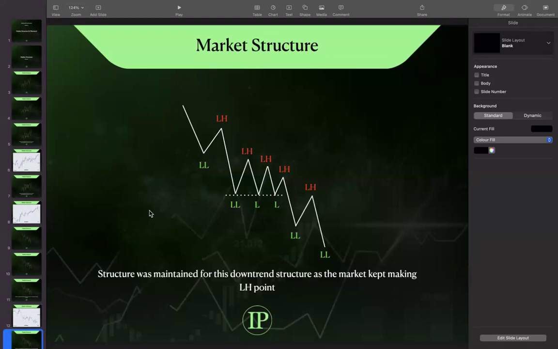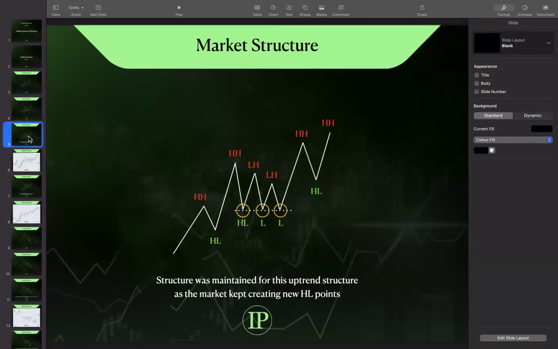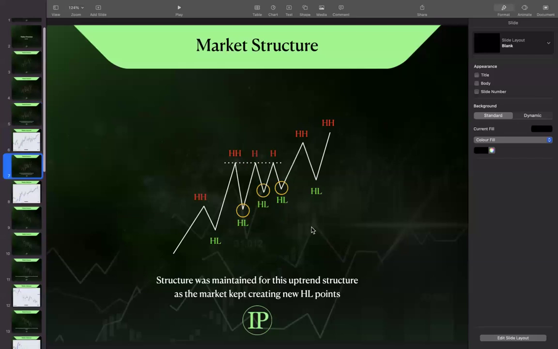Another example of this would be if price is creating lower high points and we see that the market is sitting on lows, so like a support basically. And a lot of people like to buy off of support levels. Likewise, they would sell off of resistance levels. Here, people will sell off resistance levels.